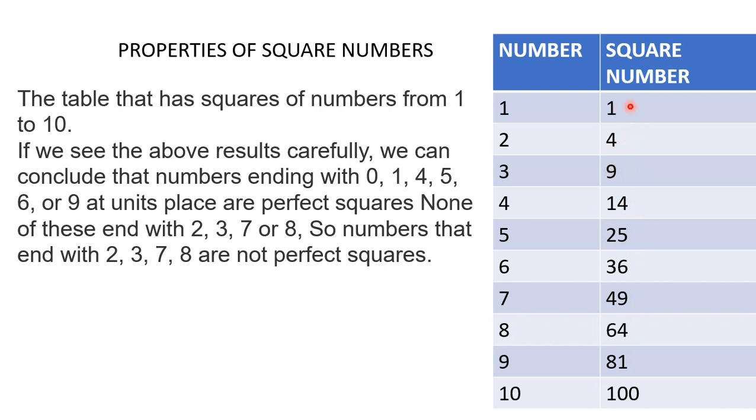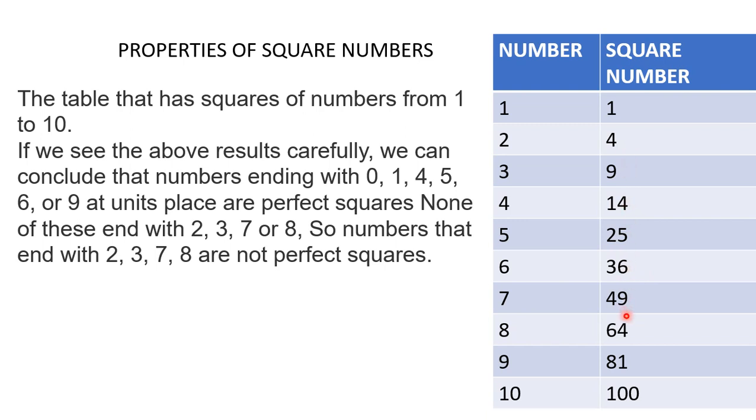That is, the digits in the square number column are 0, 1, 4, 5, 6 or 9 as their unit place. See in this table, the unit place of the square numbers' digits are 0, 1, 4, 5, 6 or 9. So these numbers are perfect squares.